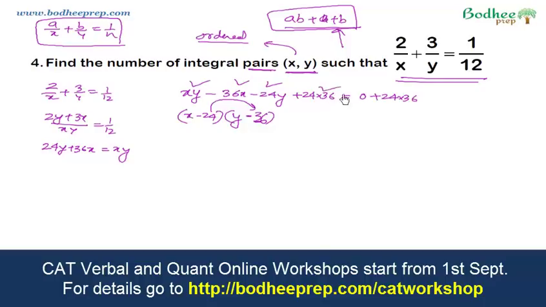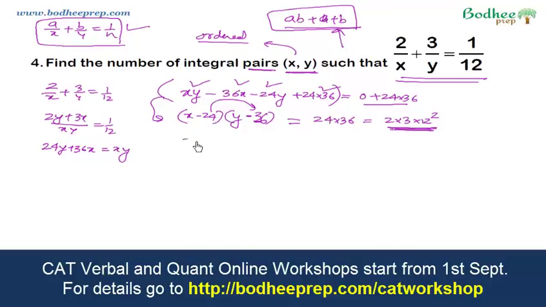So this term will also appear when the bracket is opened. This entire thing is equal to the RHS, which is 24 into 36, or I can write it as 2 into 3 into 12 squared. I have written it in this form deliberately because I want to give the idea about the shortcut. This form will help us identify how the shortcut works.